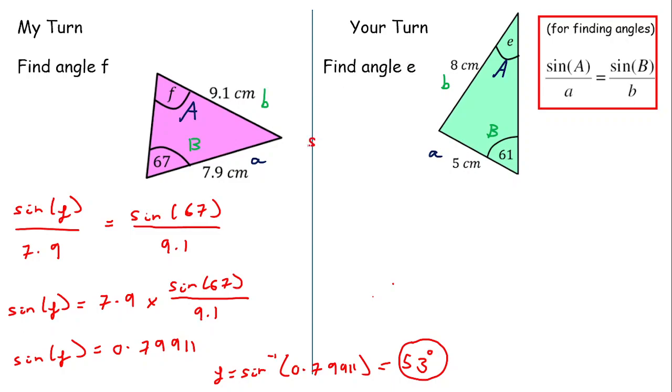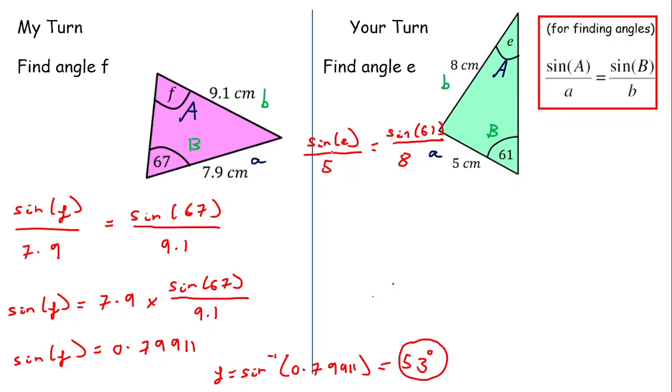So sine of E over lowercase a, which is your side A, which is 5, over 5 is equal to the sine of your angle B. Capital B is 61, so sine 61 over lowercase b is equal to 8, so over 8 here.